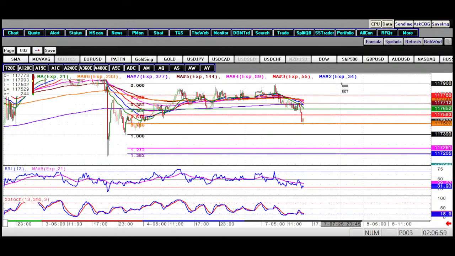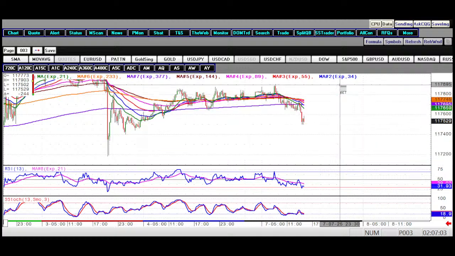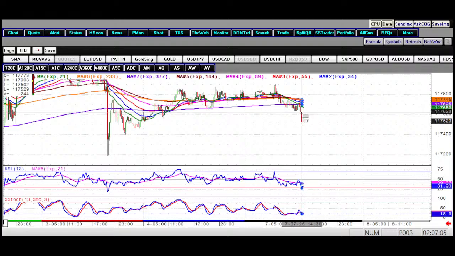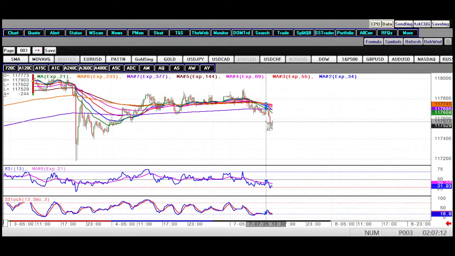720, which is our target. So what we can do now is, since we have already taken the trade, we may want to add on to this trade and move on.